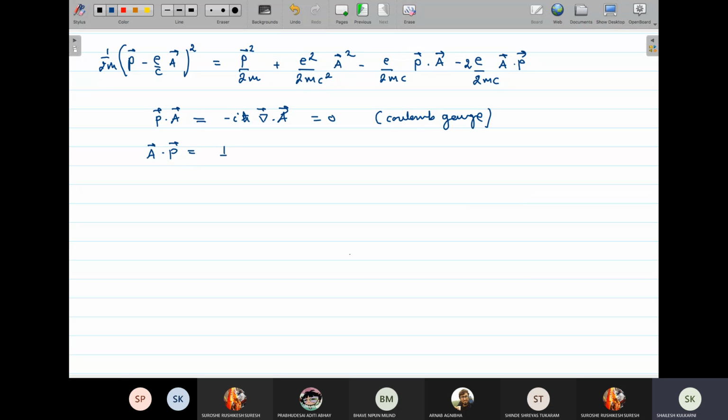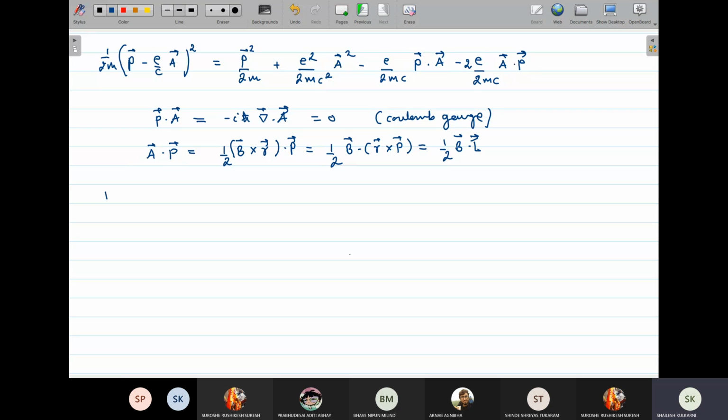A dot P is half B cross r dotted with P. But B cross r dotted with P is nothing but half B dot r cross P, and r cross P is nothing but your L. So half B dot L, your angular momentum. So A dot P is nothing but half B dot L.